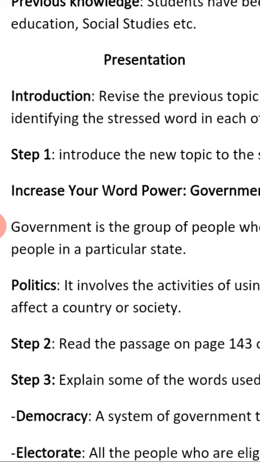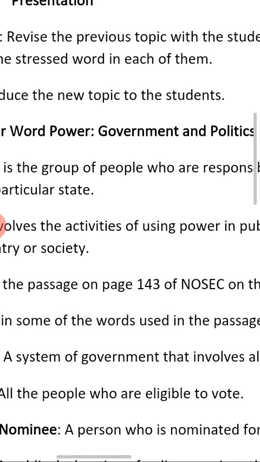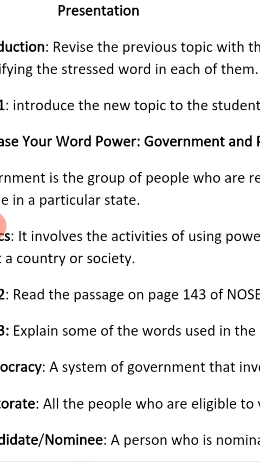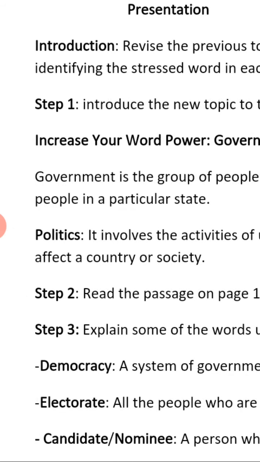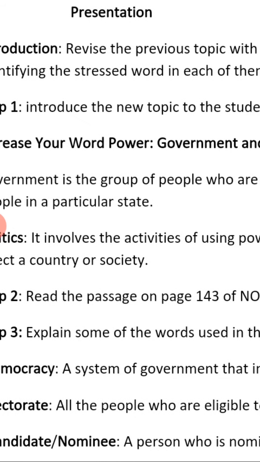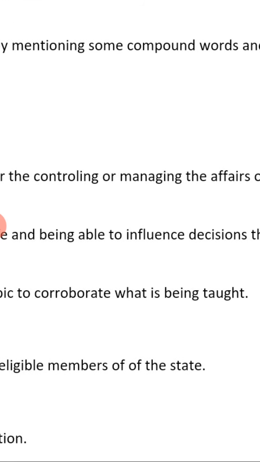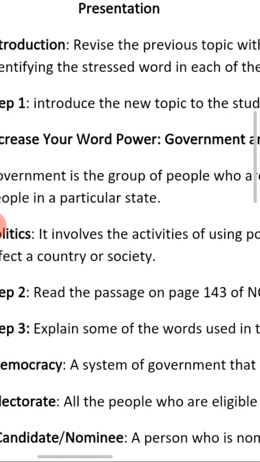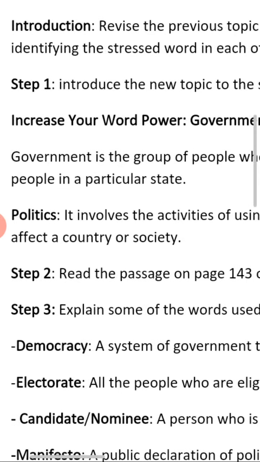So today, the topic we'll be looking at is increase your word power, where we'll be treating government and politics. Government. What is government? Government is a group of people who are responsible for controlling or maintaining the affairs of the state or of the people in a particular state.